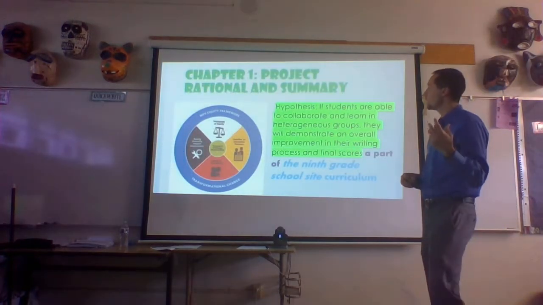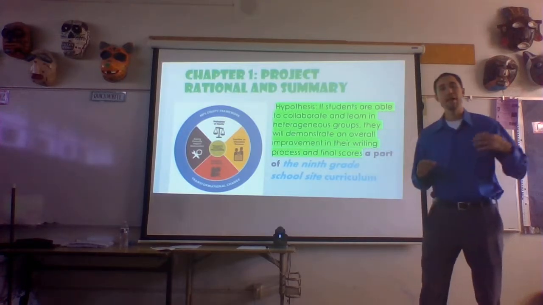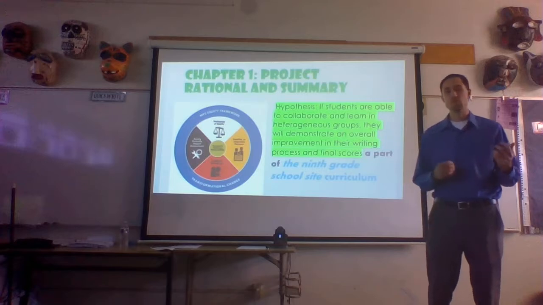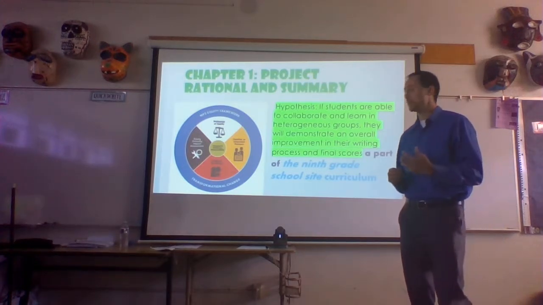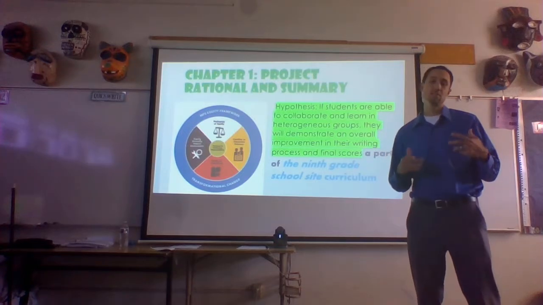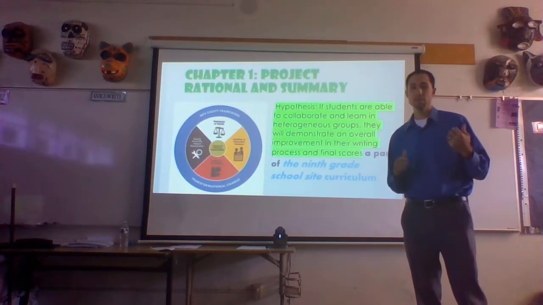So in chapter 1, the rationale is that if students collaborate with one another, they have a better chance to learn in the most difficult component, which is writing. The writing process really encompasses all the critical thinking aspects, and I wanted to see how students would learn differently.